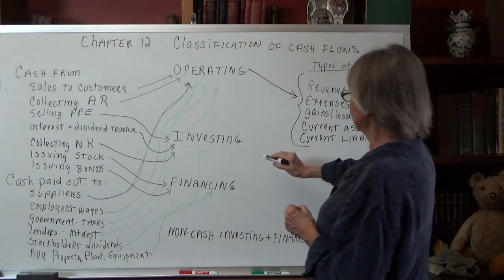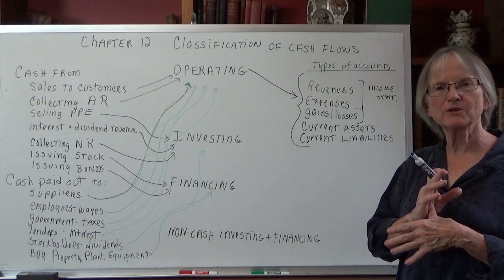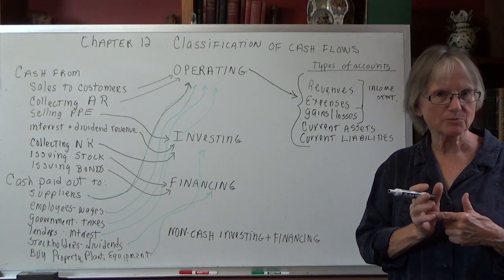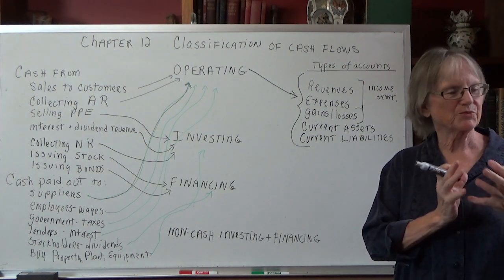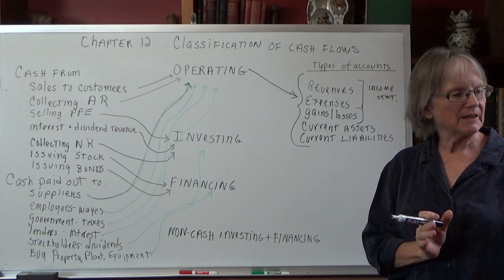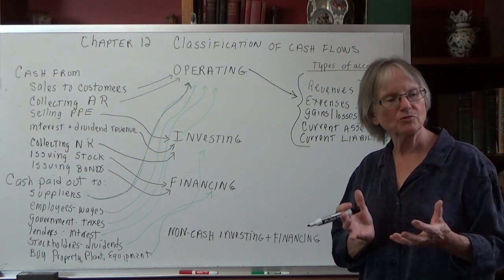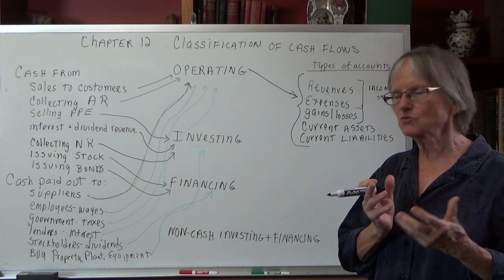You're investing, the types of accounts that'll show up here, and this is where we have either bought or sold property, plant, and equipment, bought or sold any other long-term assets like investments in stocks or bonds. This is the actual sale of them or buying of them. And then you could throw in making loans to others or collecting notes receivable.